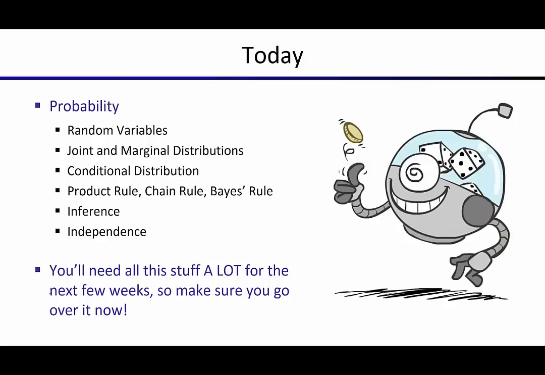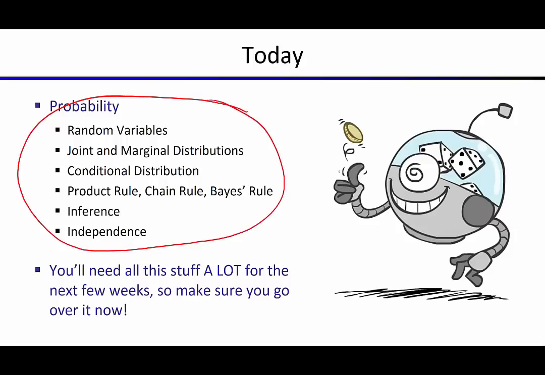Here are the concepts we're going to cover today. Random variables, joint and marginal distributions, conditional distributions, the product rule, the chain rule, and Bayes rule. Those will be our main tools that we'll be working with. Inference, independence, and all of these will be things you'll need to know really, really well to follow along in all of the next lectures.